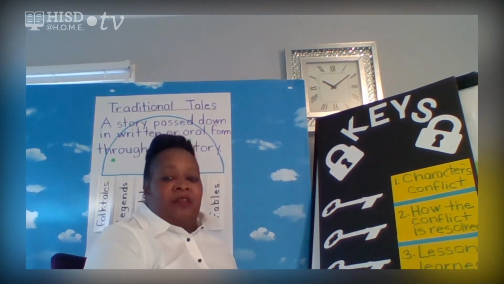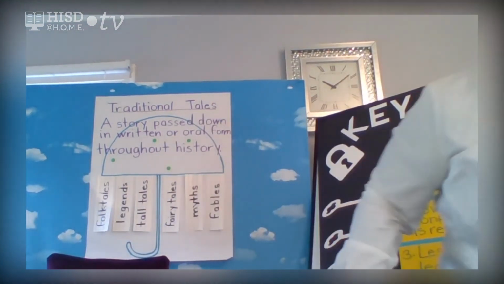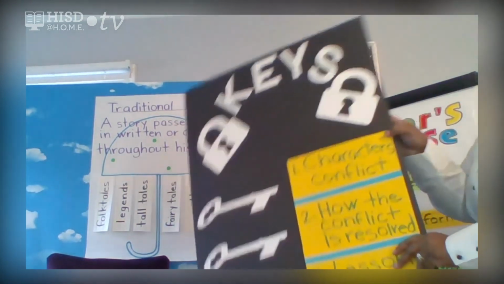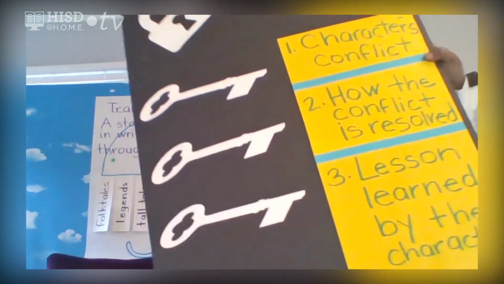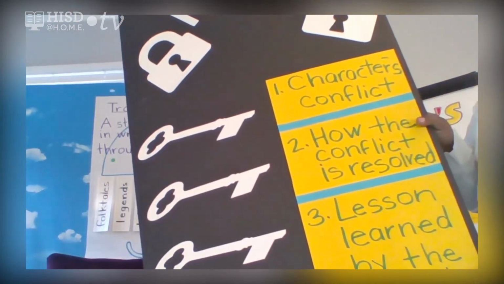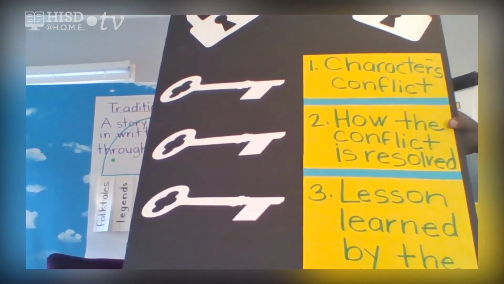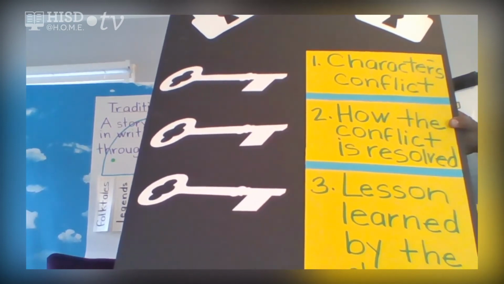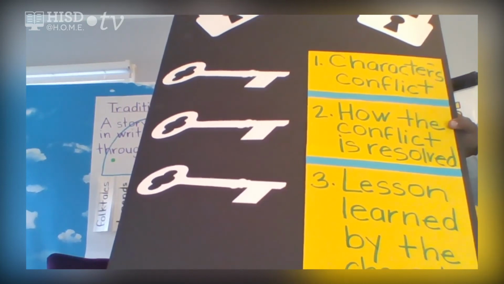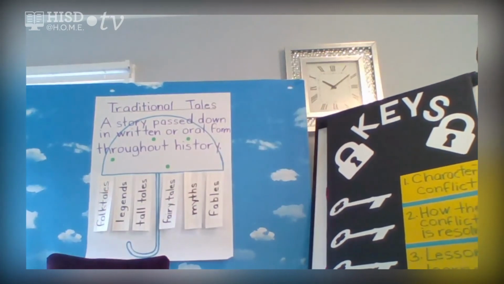Just like our key, here are three keys that would help us unlock the mystery of the theme. Characters' conflict, how the conflict is resolved, and the lesson learned by the character. Let's think about those elements.